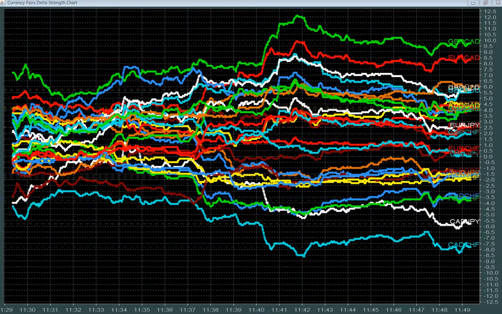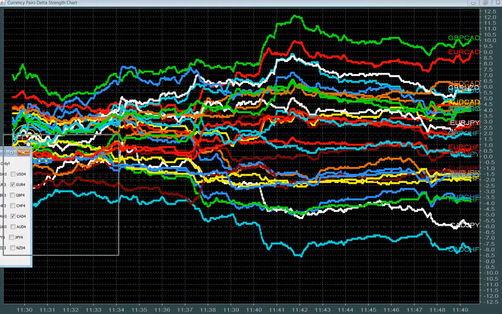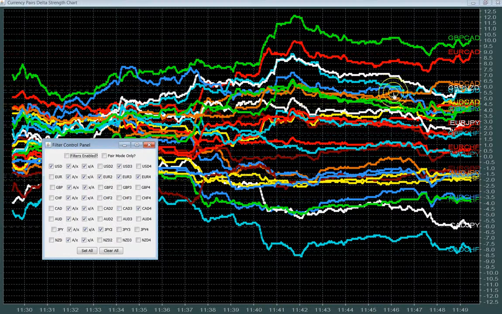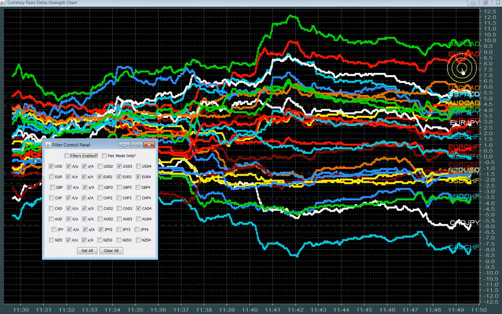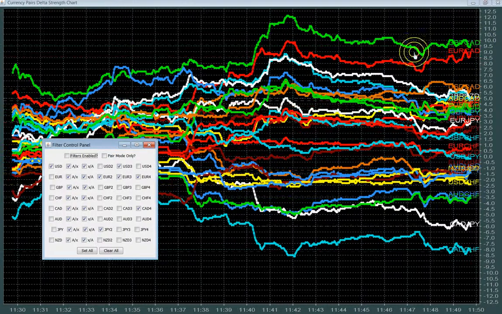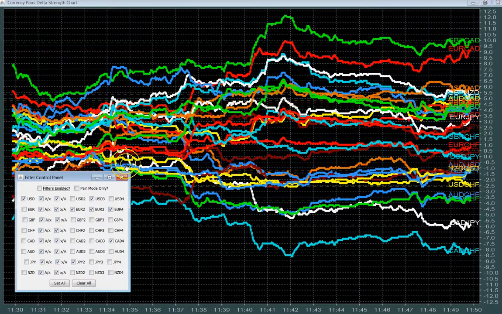So as I was saying, we need to have some filtering because it's difficult to look at all of these 28 pairs and make any sense out of them. Here the Canadian dollar Swiss is of course the lowest, and the pound Canadian is the highest or strongest based upon currency strength predictions. But what we need is some ability to filter all of this so that we can make some sense of it.